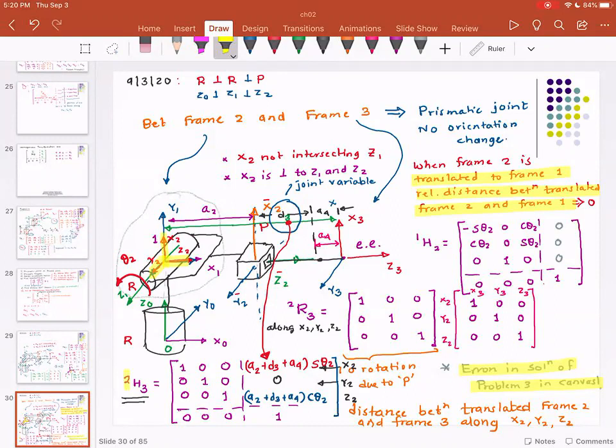So the distances should be along X2, Y2, and Z2. When I was solving the problem before, I made a mistake and I just resolved those along X1, Y1, Z1, but that is incorrect. They should be along X2, Y2, and Z2. So I want you to look at the notes that were uploaded on problem 3 and notice that the 2H3 matrix that is being derived is incorrect.